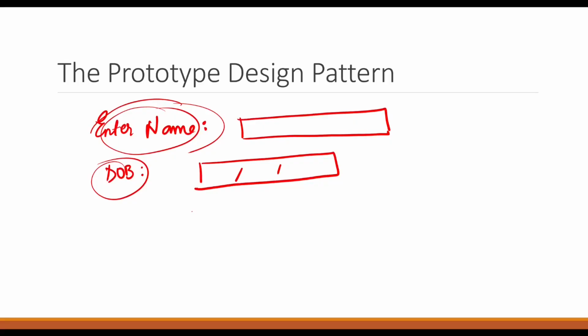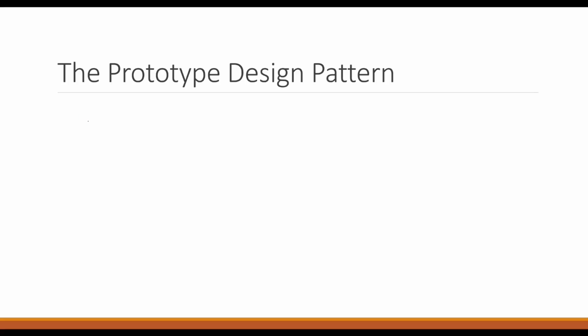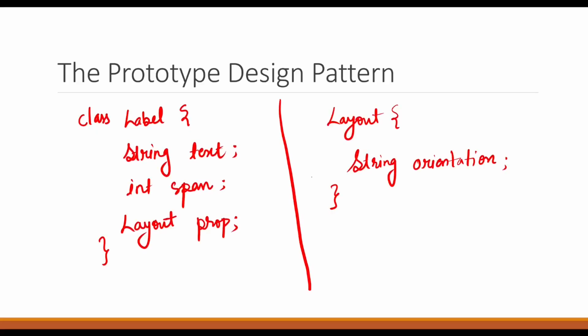So let's start with the help of a label and how we can employ the prototype design pattern and make our life easier when we are coding a label in our UI. I'll create a class of label. Don't pay attention to the right hand side, just take the label class over here.